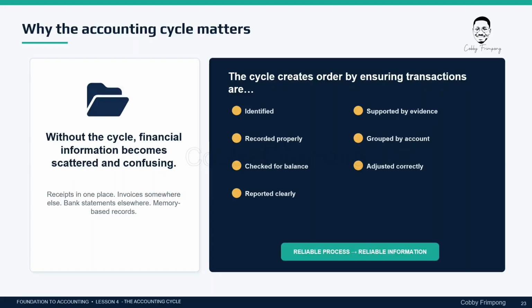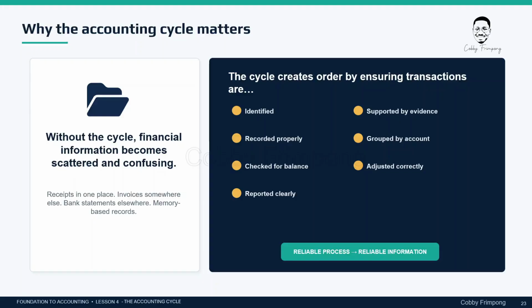Why the accounting cycle matters? The accounting cycle matters because it creates order. Without the accounting cycle, financial information would be scattered and confusing. A business may have receipts in one place, invoices in another place, bank statements somewhere else, and memory-based records that are not reliable.